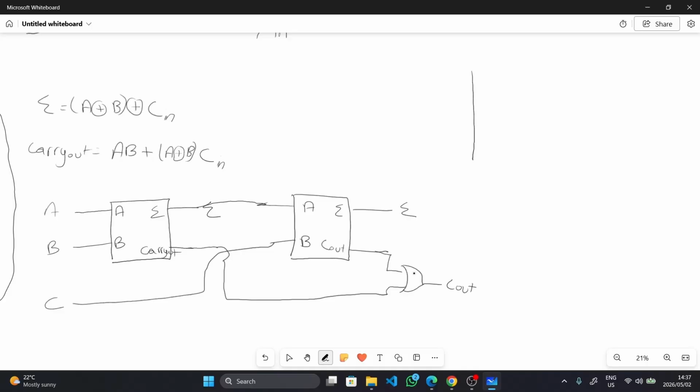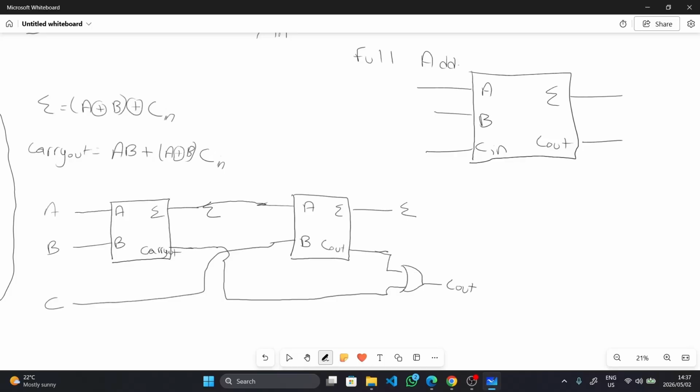And then the full adder representation will look something like this. So you will have your carry in, B and A, three inputs, then you will have your sum output and then your carry out. So this is your full adder, right? So these will be your inputs, as I said, carry in, carry out, and then our sum.